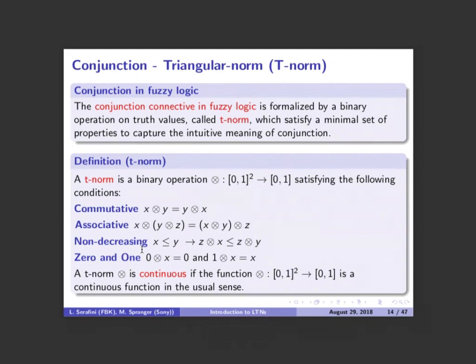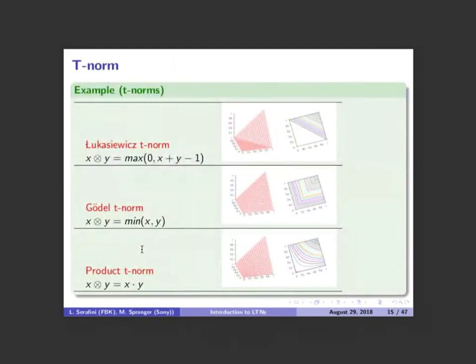So what we end up with is a whole bunch of different possibilities, and here are just 3 of them. There are many more options for T-norms. Here we are showing Lukasiewicz, Gödel, and product T-norms. So maximum, minimum, and just multiplication there as a way of providing a semantics for conjunction.